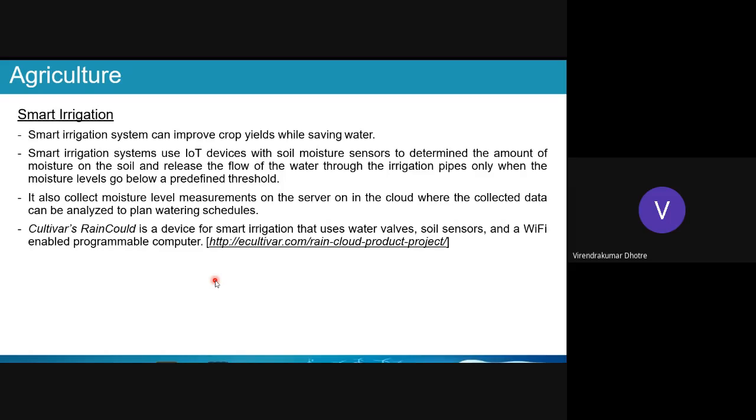Whatever we provide to the irrigation system, we can maintain. If a crop requires water, it is supplied by the irrigation system. If the moisture is enough and water is not required, we can stop. This is how a smart irrigation system works.